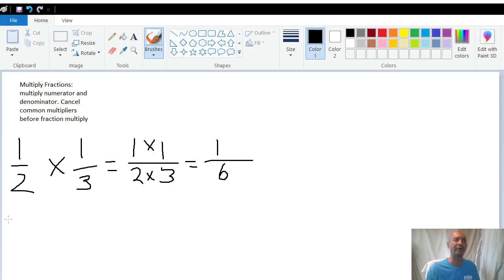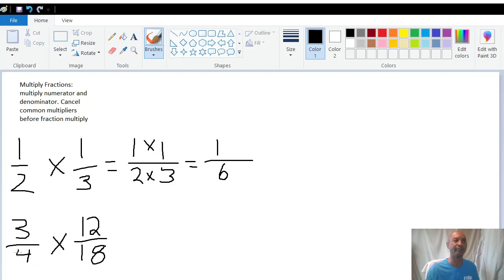Okay, let's do one more example here. Let's say we have 3/4 times 12 over 18. And rather than multiplying the 4 times the 18 and the 3 times the 12, we'll see if we can find common multiples or common factors in the numerators and the denominators.